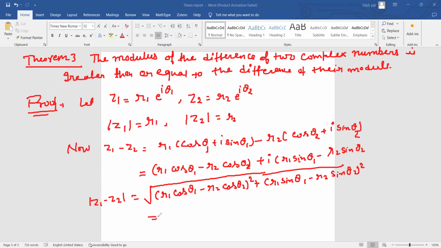We can open this, so we get R1 square plus R2 square minus 2 R1 R2 cos theta 1 minus theta 2.